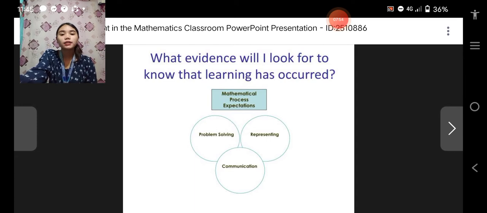And also communication: students need to communicate so that we know how they unite as one and show good commitment to each other, to their teachers, and to their classmates.